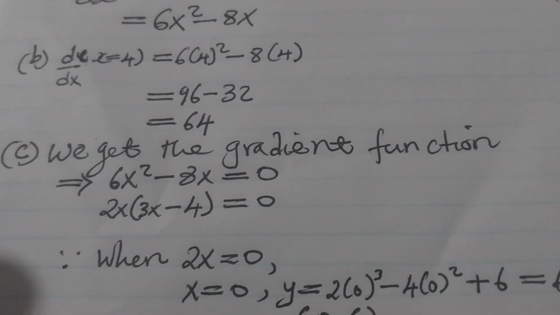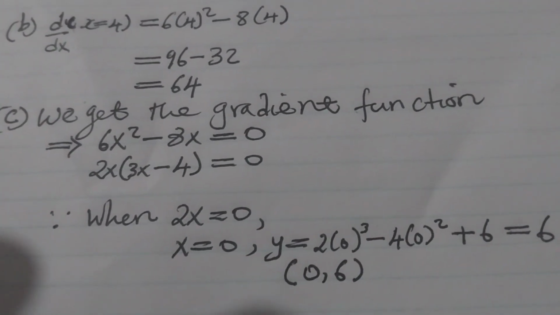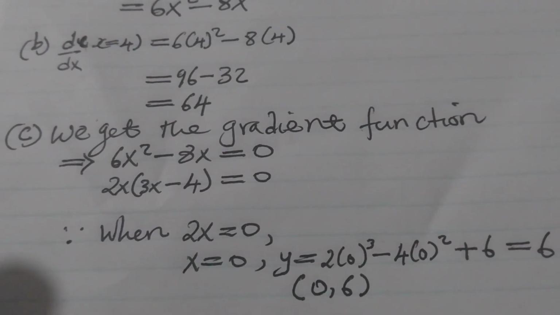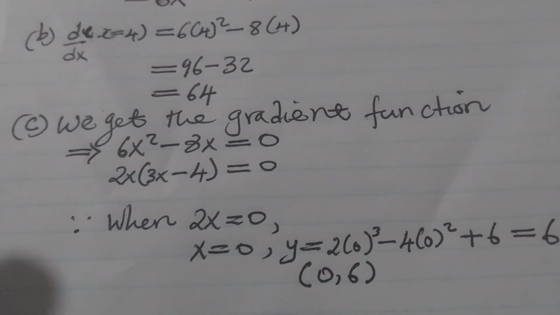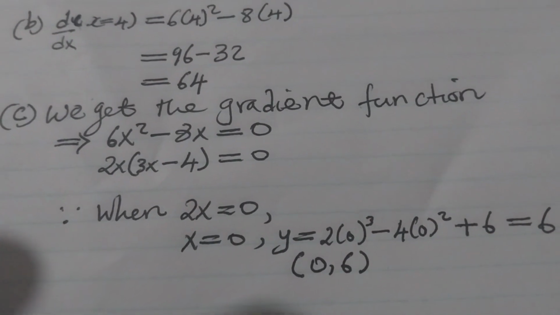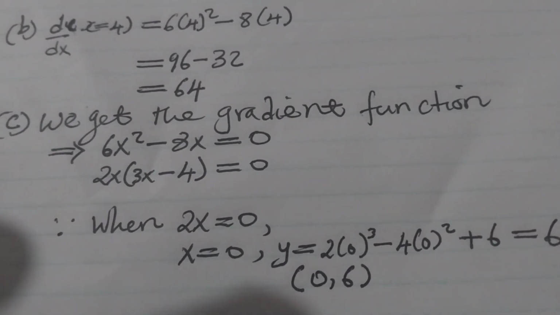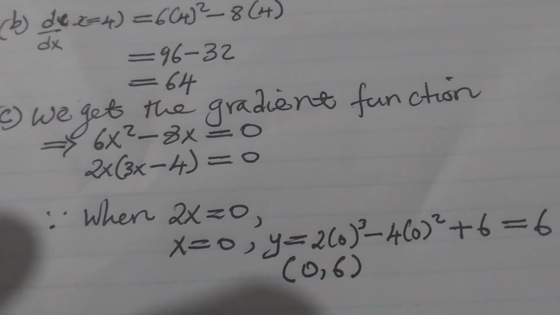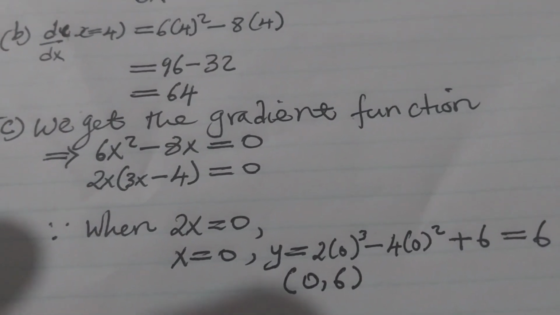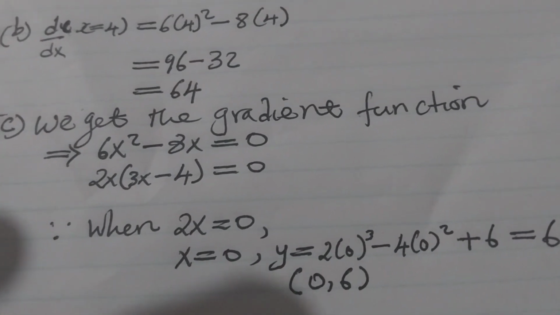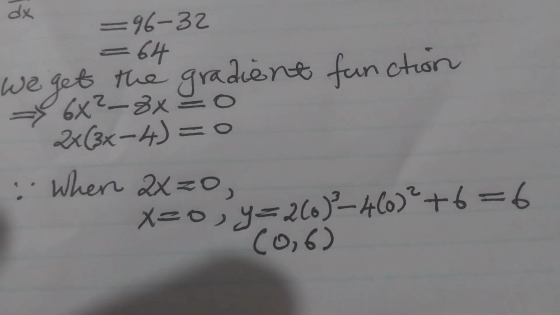In this case, we can equate 2x to 0. When 2x is equal to 0, we divide both sides by 2 and we get x is equal to 0. We can also equate 3x minus 4 to 0, that is, the items in the bracket we also equate to 0.